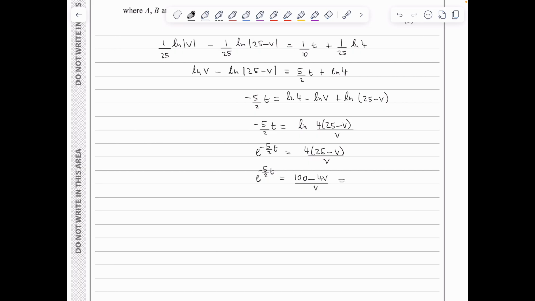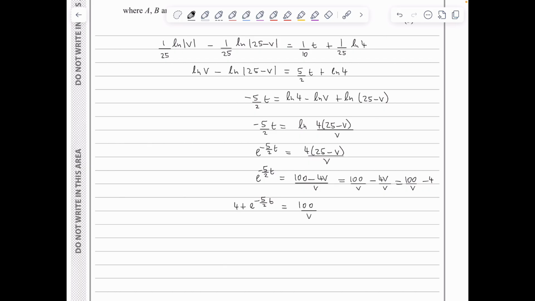This can be written as 100 over v minus 4v over v, which of course simplifies to 100 over v minus 4. So I'll move the negative 4 over to the left hand side. So 4 plus e to the minus 5/2 t is equal to 100 over v.